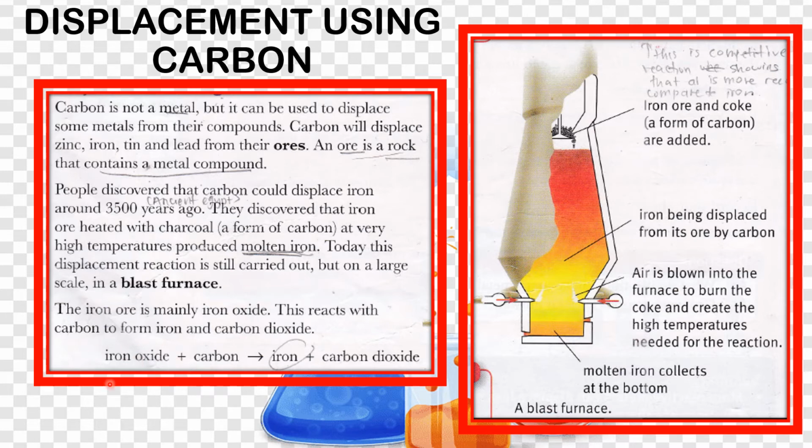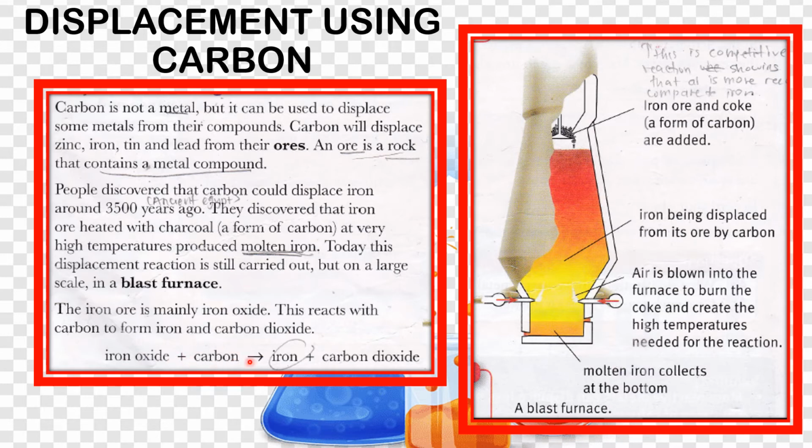So for example, iron oxide and carbon. Carbon is more reactive than iron in this combination, so it can kick iron from iron oxide, so it becomes iron plus carbon dioxide. You just need to remember, A plus BC: B must be less reactive than A, right? So the single element must be more reactive than the element in the compound. Understand? That's all, the concept is that's all.